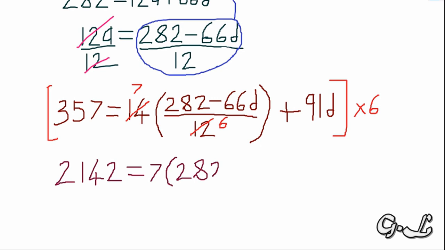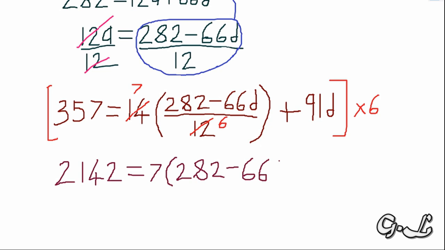And then 7 open brackets 282 minus 66d over 6: when you multiply, the 6 is going to cancel out on that part, so no need of showing something. And then 91 multiplied by 6d gives you 546d.